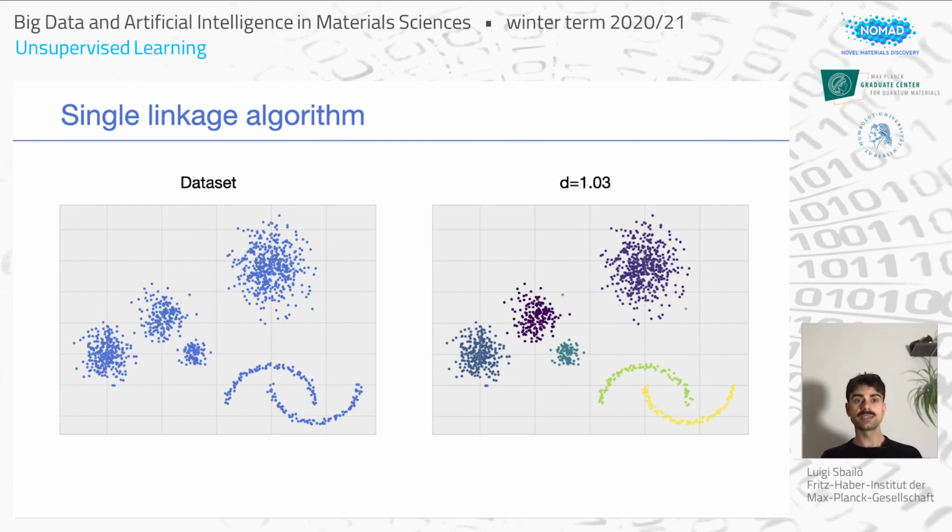So this algorithm succeeds in finding different shapes, also because it does not have any constraint on compactness. It's not trying to make compact clusters, so it lets clusters grow in any direction, as long as there are points close to each other.